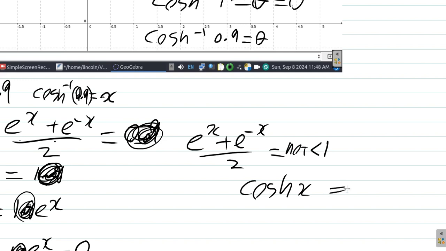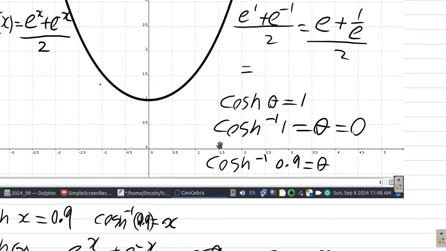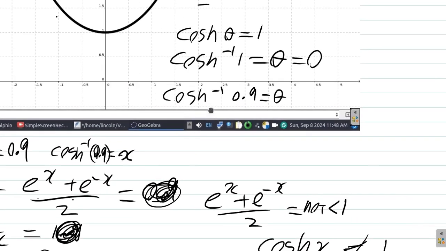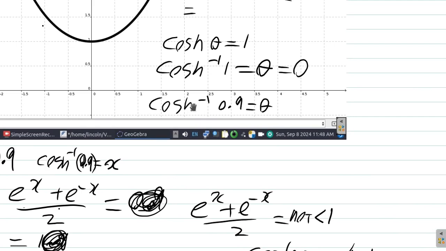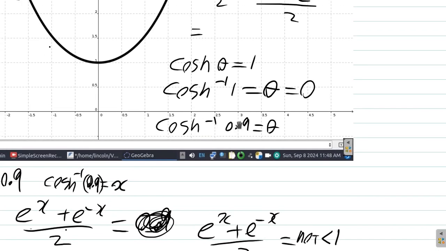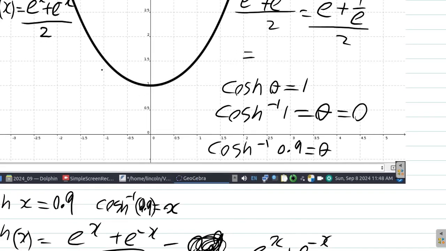That means you're not supposed to be able to find the cosh inverse of a number that's less than 1. See that? So once it's anywhere under here, it cannot work. Alright?